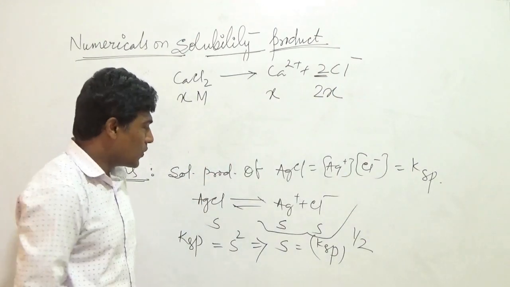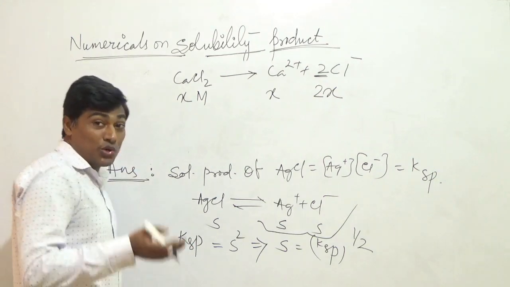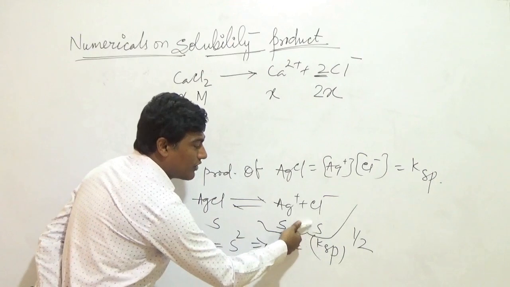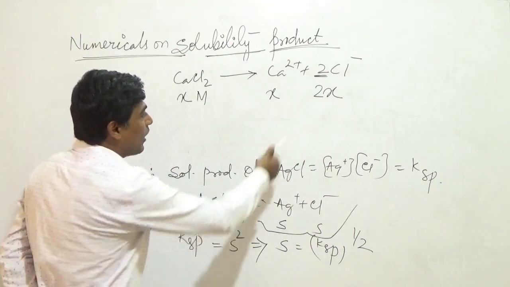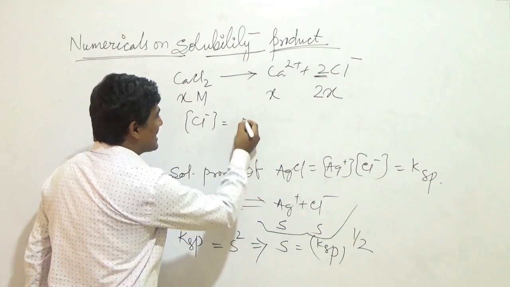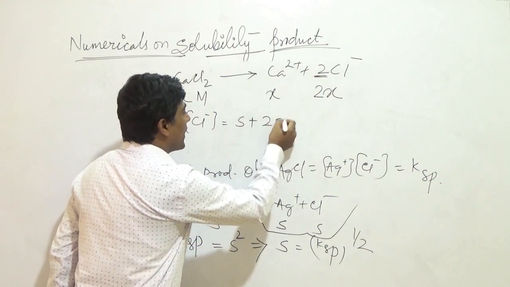So now the Cl− concentration was already present as S, and now 2X is added, so it becomes S plus 2X.